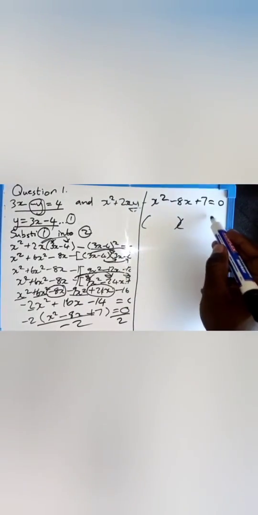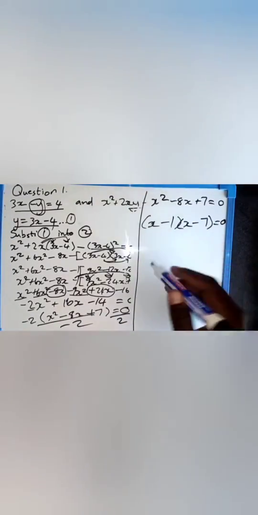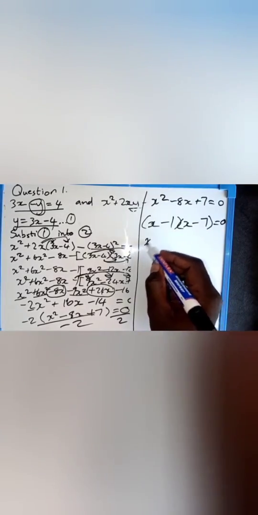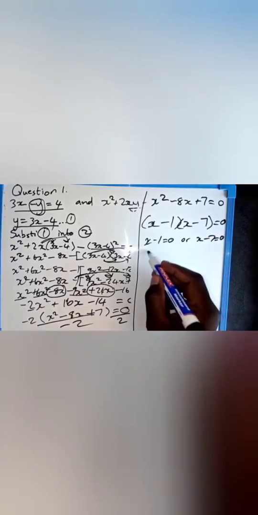So I have x, negative 7, negative 1. You can factorize this using the trick I showed you, or you can use your calculator to check your solution. So x minus 1 is equal to 0, or x minus 7 is equal to 0. So x is equal to 1, or x is equal to 7.